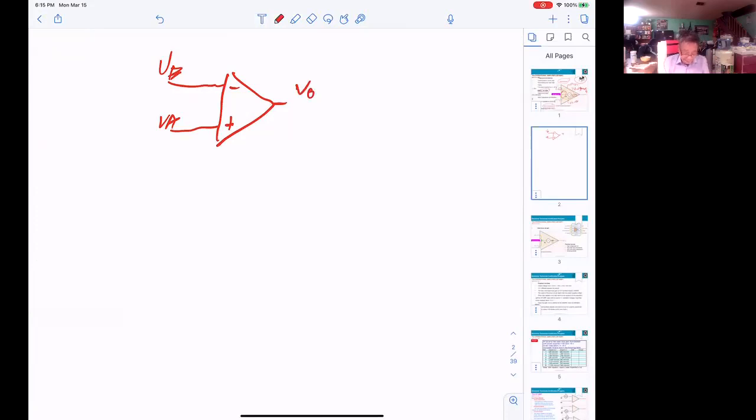So for the ideal op amp, they want the gain, they say AOL, open loop gain. And for the ideal, they want it to be infinity, a big number.